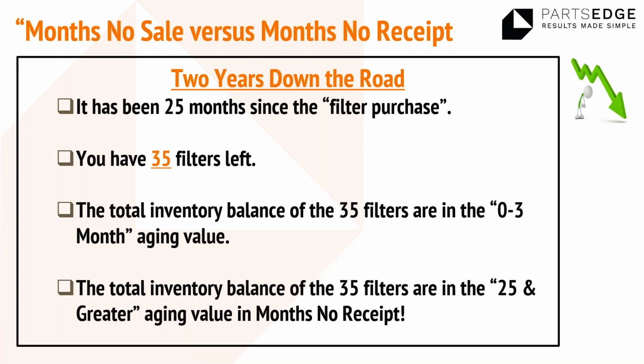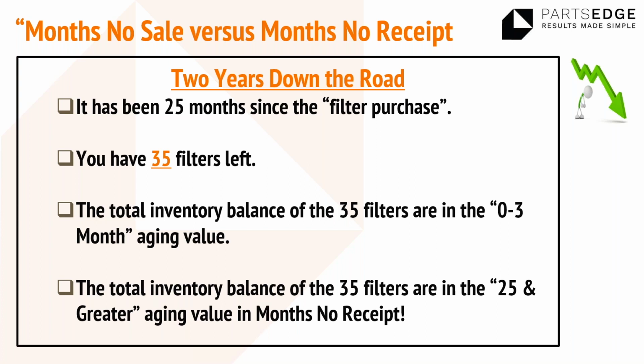The balance of the 35 filters is still in 0 to 3 month aging value. However, the total inventory balance of the 35 filters based on receipts is in the 25 and greater because you haven't receipted them into your system in over 24 months. Completely different sides of the spectrum when aging.